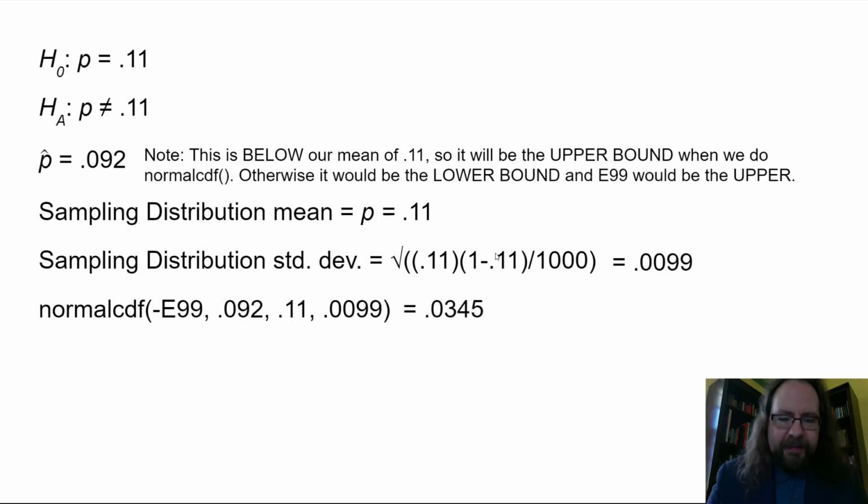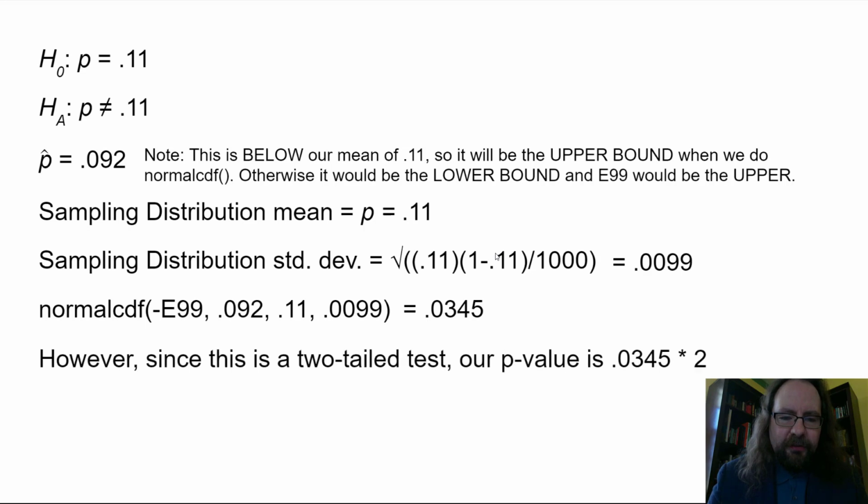However, this is a two-directional test, or a two-tailed test. So our p-value has to also include the tail on the opposite side, which will have the same area. So the p-value will end up getting doubled. So the p-value of our test is actually 0.0690.